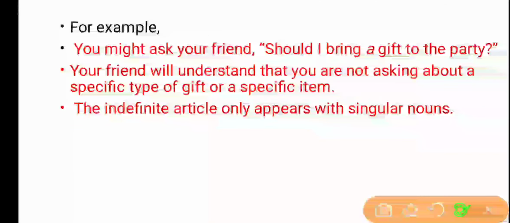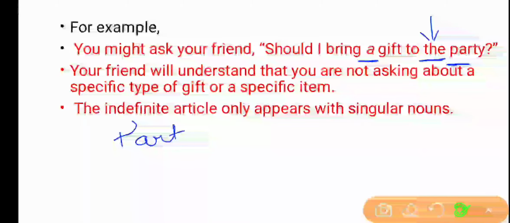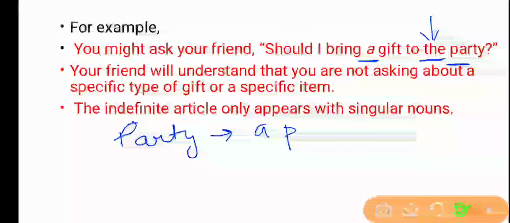Let us see a few more examples here. You might ask your friend, "Should I bring a gift to the party?" Your friend will understand that you are not asking about a specific type of gift or a specific item. Here, if I'm using "the party," that means the party is something in this sentence which is known to both. That means a particular party I am talking about.